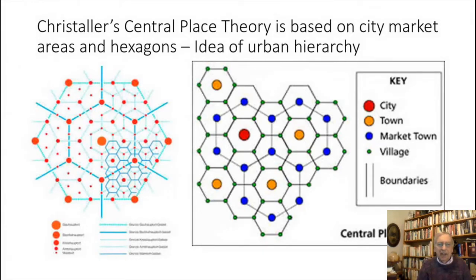And what he said, we start with the diagram on the left, is that you develop these little towns, actually the smallest red dots here, and that the hexagons would develop because if you had simply circles, you would either have to have overlapping circles or you would have uncovered spaces, right?